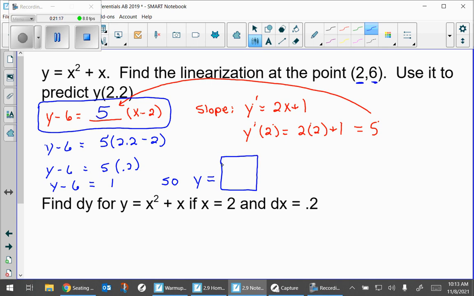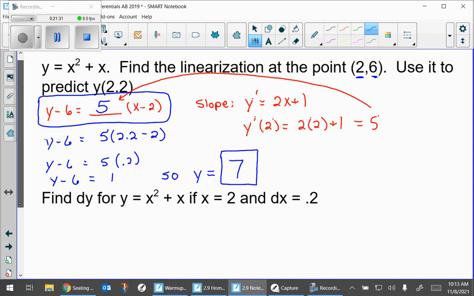What are you thinking, everybody? When we add 6 to each side, I think we're going to get 7. Okay. So we have to use the linearization.